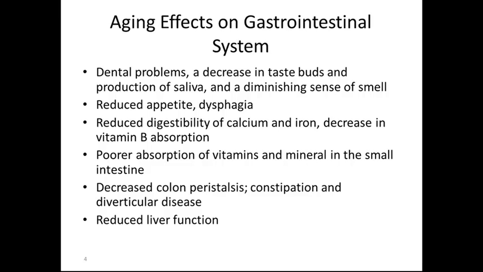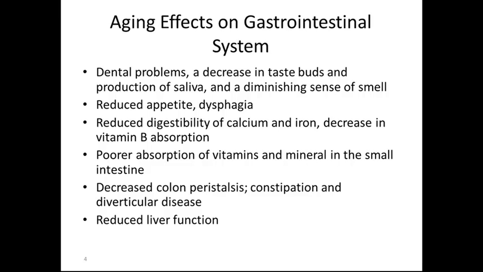Diverticulosis is particularly common due to the lack of fiber, which causes constipation among geriatric patients. There is also a reduction in liver function, so we have to be careful with certain medications that we prescribe geriatric patients, such as cholesterol medications.